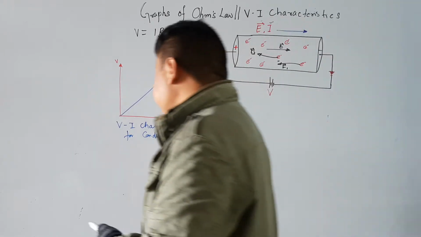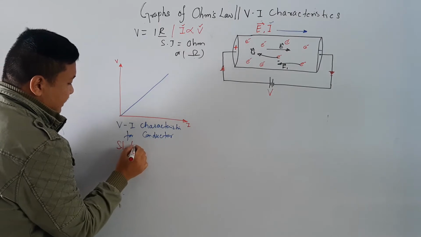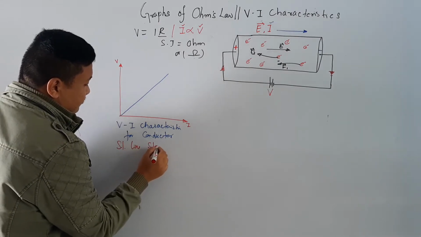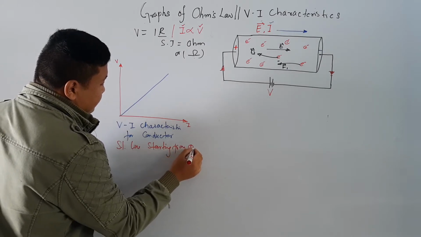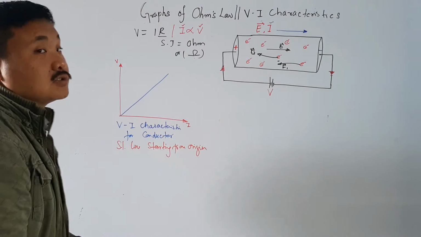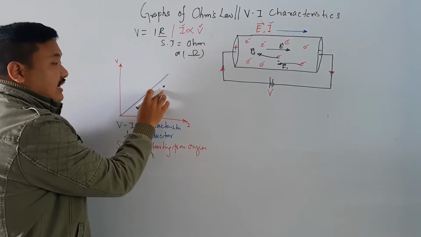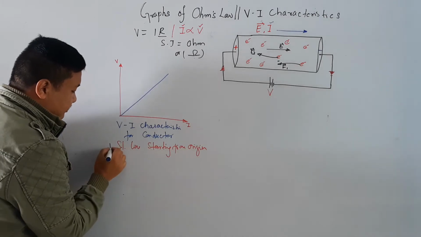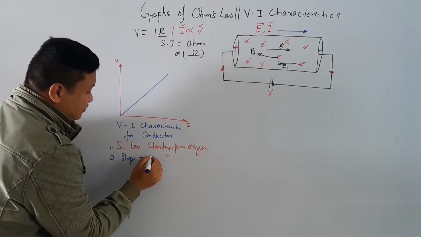It will give me a straight line starting from the origin, and the slope of this straight line gives me the resistance. So the slope is equal to resistance.